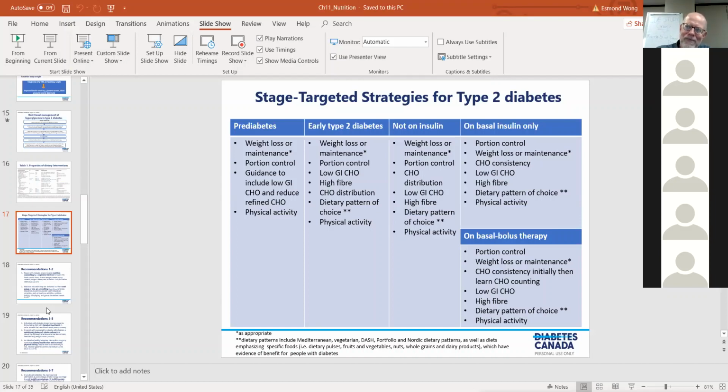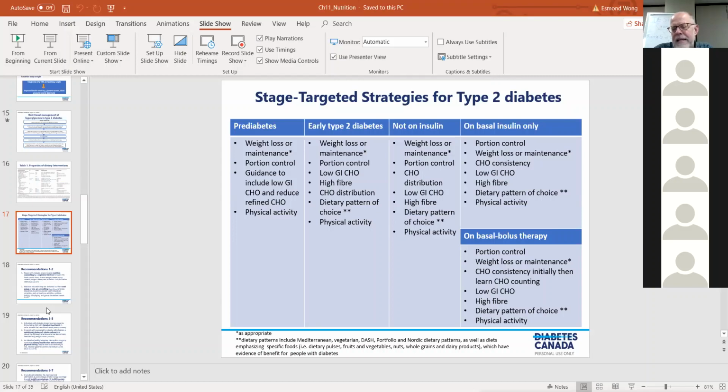So the question is about portion control. What does that mean exactly? What I would say with that is if someone's following one of those dietary patterns and they're trying to lose weight, they could try to keep to those recommended portion sizes and amounts.